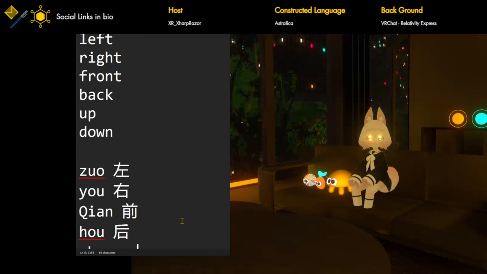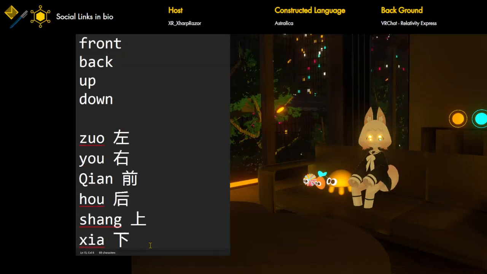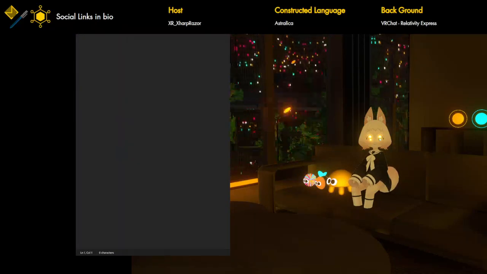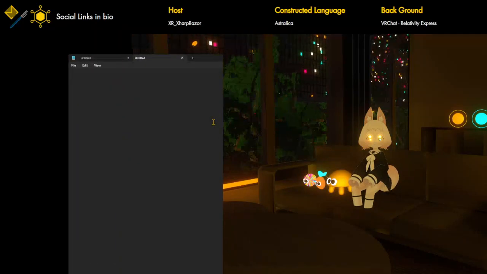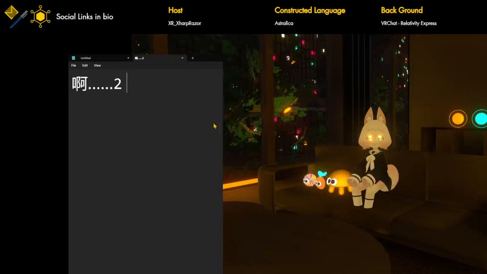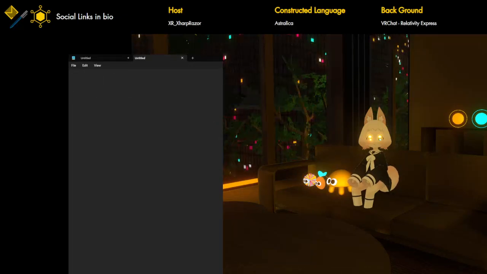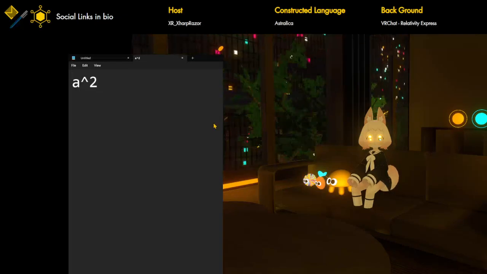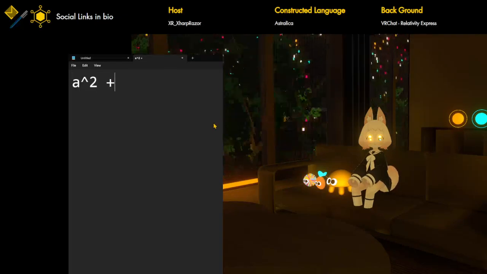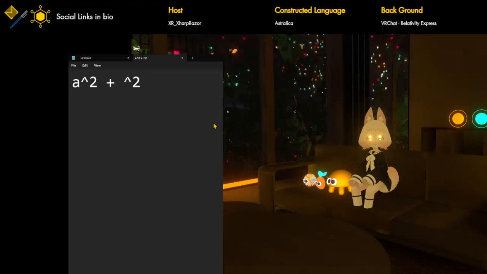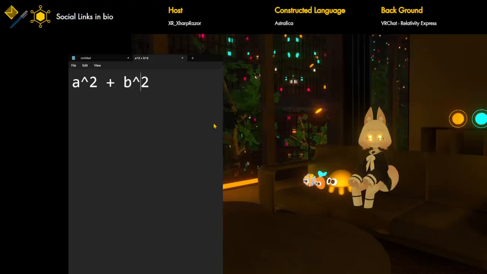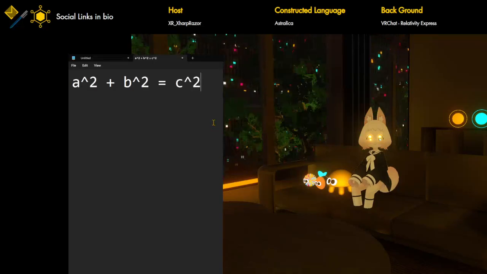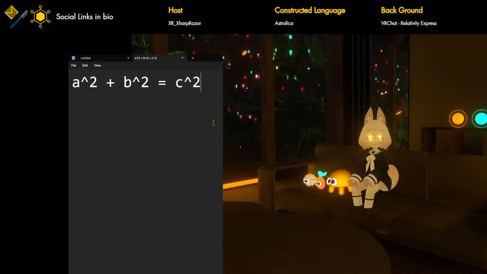For example, if you all still remember, like a squared plus b squared, and you definitely know it's equal to c squared, which is the Pythagoras theorem. Now the only problem is how do you prove it?